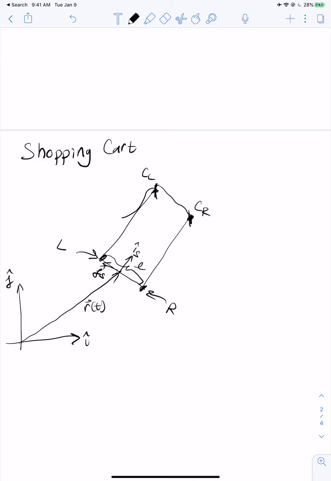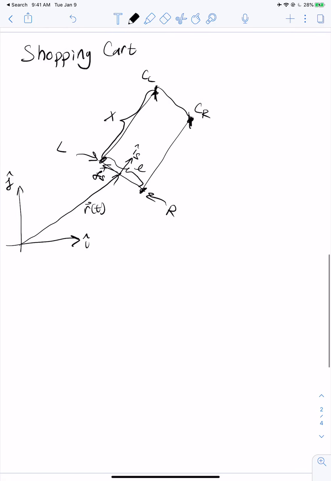And then we can define this distance as, I don't know, call it X. Now I hope you can see that if I wanted to know the position of the left caster, it would be the position of the center of the robot, or maybe it's a robotic shopping cart, plus L over 2 times j hat shopping cart plus X times i hat shopping cart.